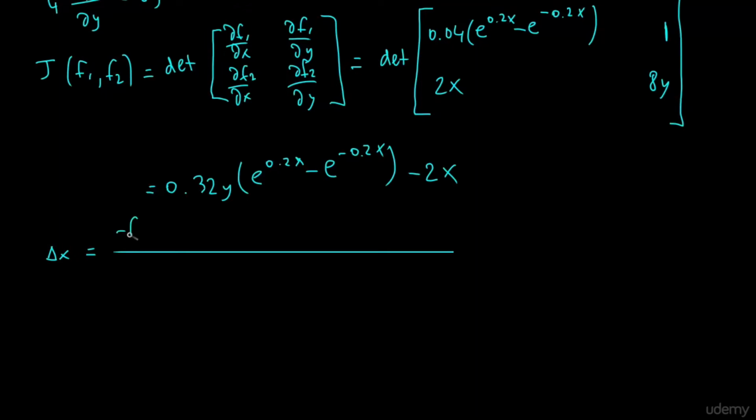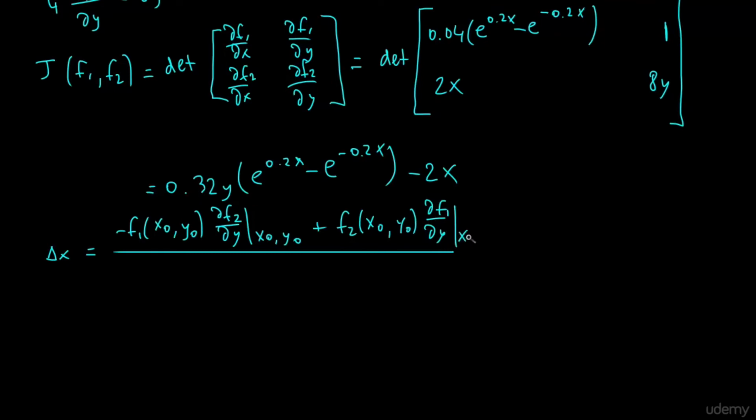This is going to be minus f1 at the point x0, y0 multiplied by df2 by dy, once again at the point x0, y0, plus f2 at the point x0, y0 multiplied by df1 by dy, once again at the point x0, y0.